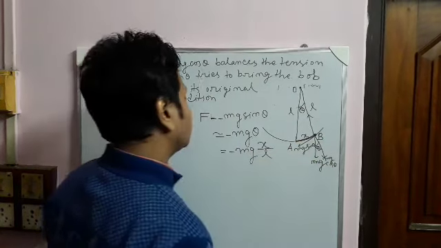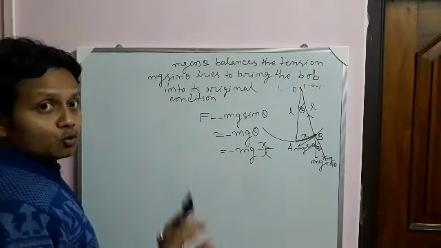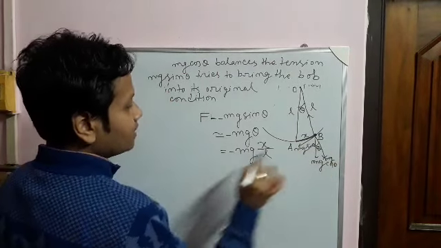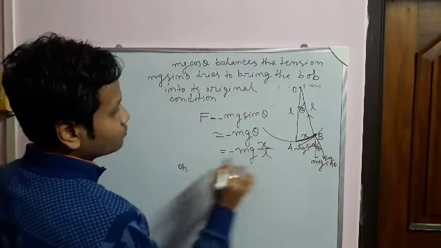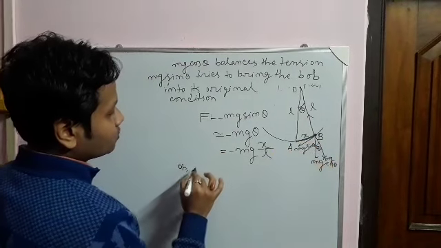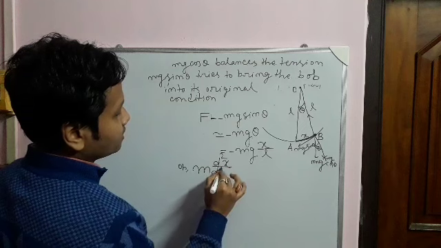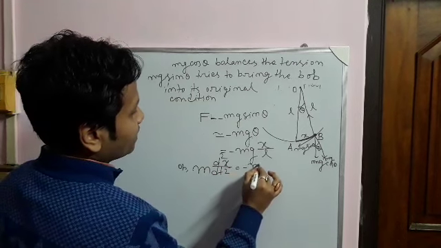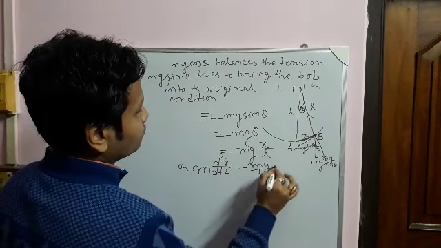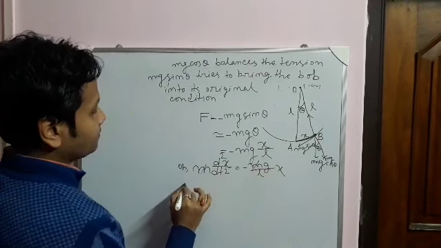Now due to the own motion of the pendulum, if m is the mass of the pendulum bob and x is the displacement, then F will be m d2x/dt2. This equals minus m times g by L times x. The m cancels.